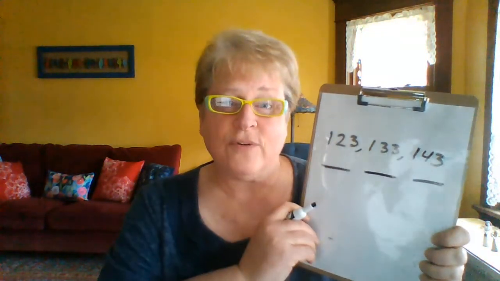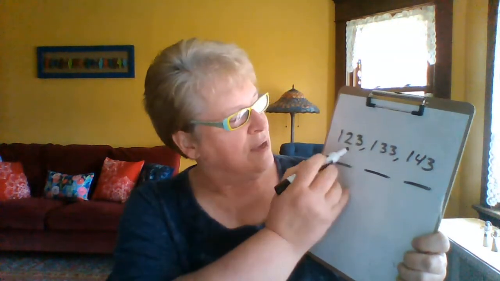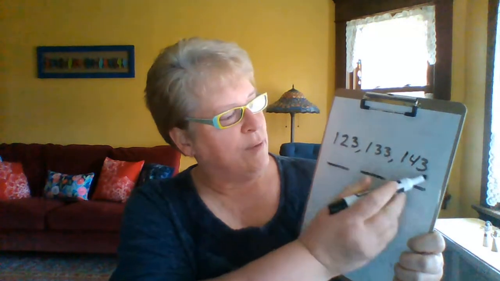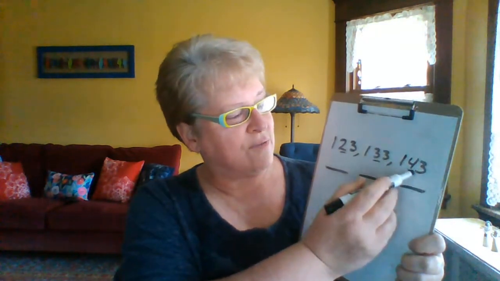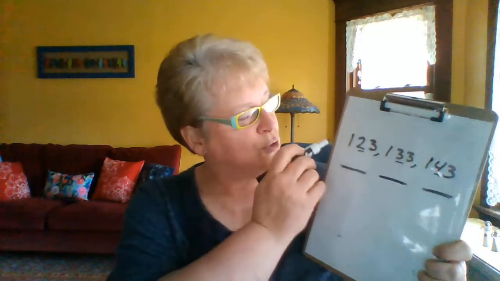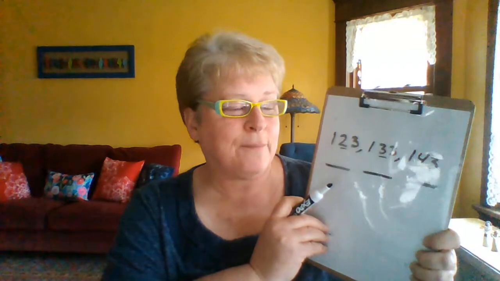So I can look for a pattern. They all have 100. They all have 3 ones, but look at what changes. 2 tens, 3 tens, 4 tens. So 2 things stay a constant, but 1 thing changes, the tens column.